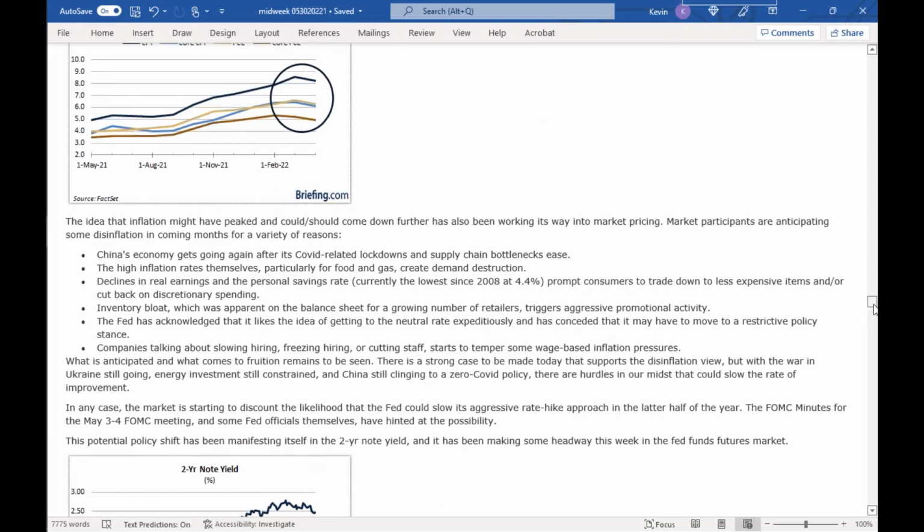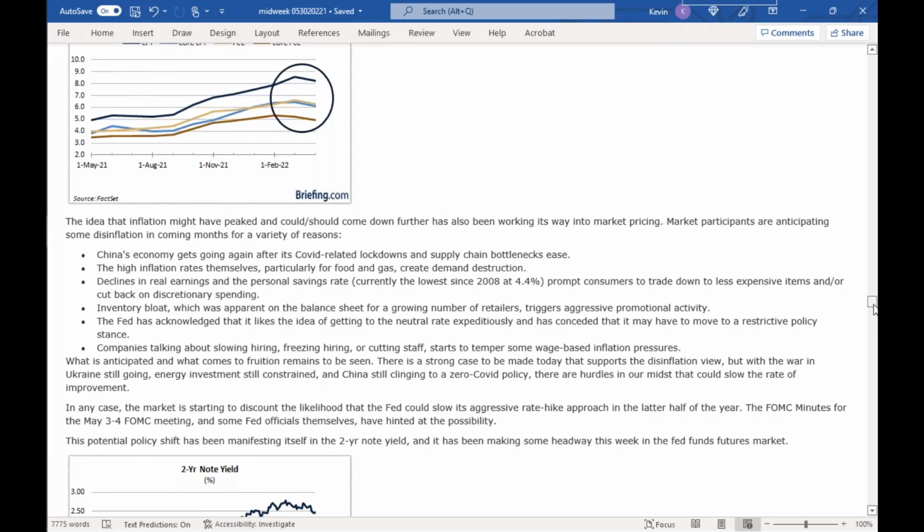The idea that inflation might have peaked, right? China's economy is getting going again. The higher inflation themselves, particularly food and gas, create demand destruction. Declines in real earnings and personal savings, currently its lowest since 2008, prompt consumers to trade down to less expensive items or cut back on discretionary spending.